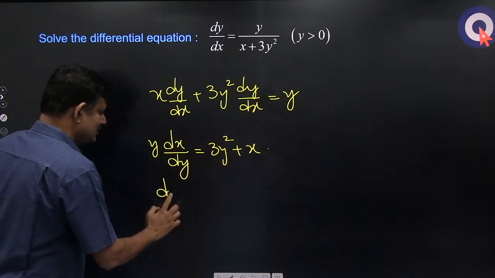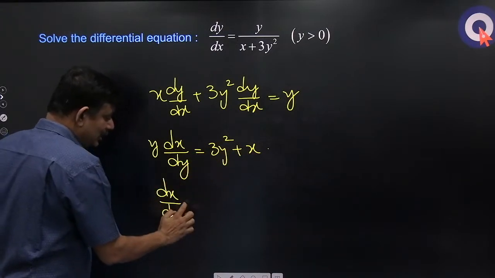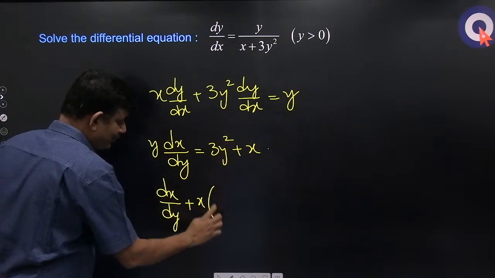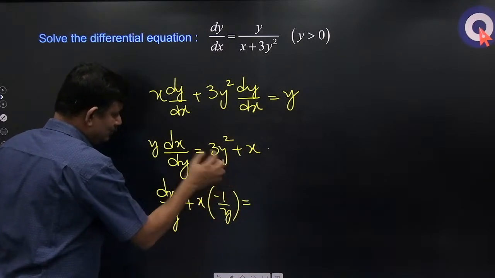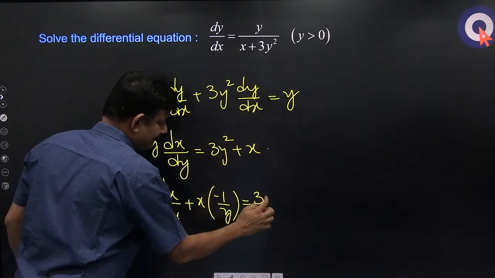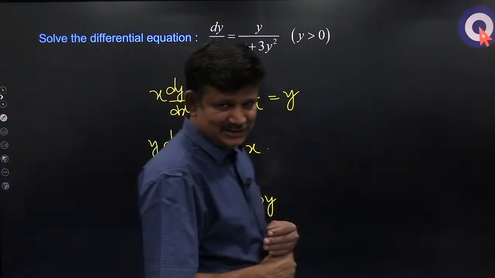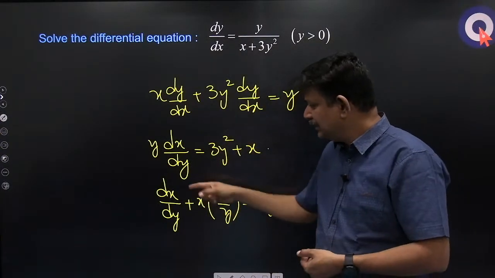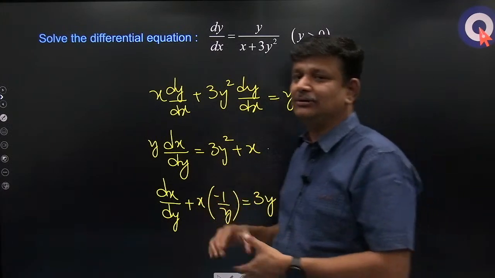So I'll write this as dx by dy, the x term also has to be here, plus x into -1/y is equal to 3y square by y, which is what? 3y. Now you can see this as a linear differential equation, but it is in the form dx by dy plus x into -1/y is equal to 3y.